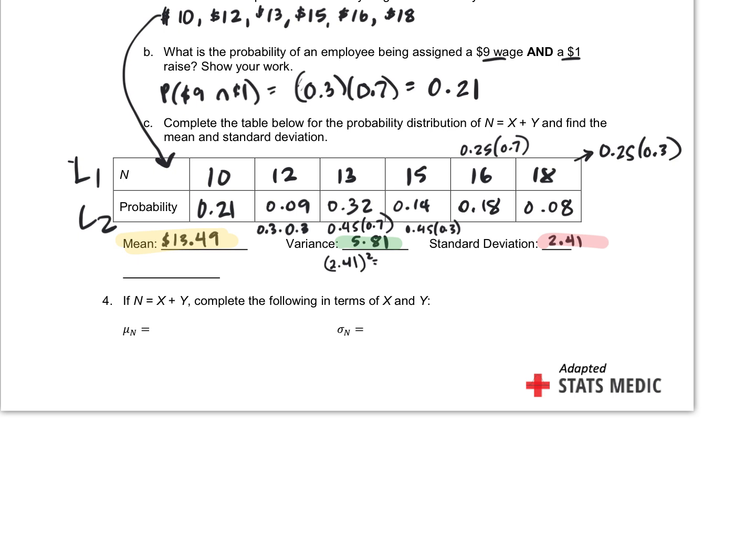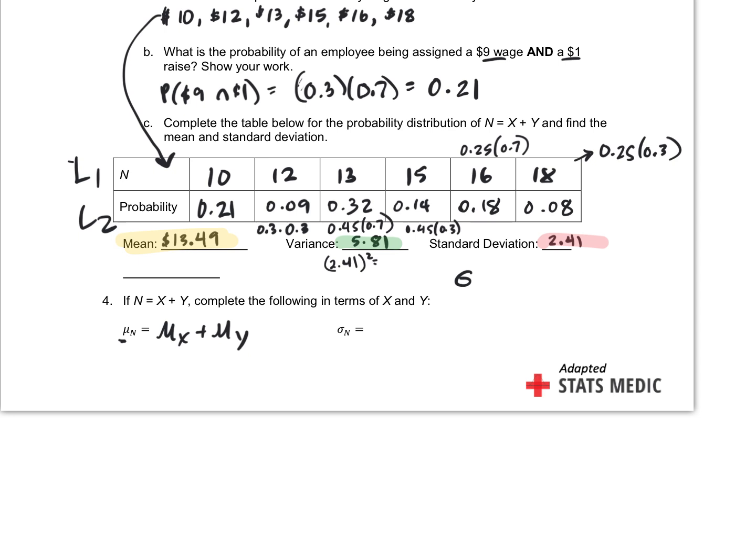We can say if n is equal to event x plus y, the mean of n is the mean of x plus the mean of y. Right? Now, we said the same thing works with variances, didn't we? So let's just do variances over here.